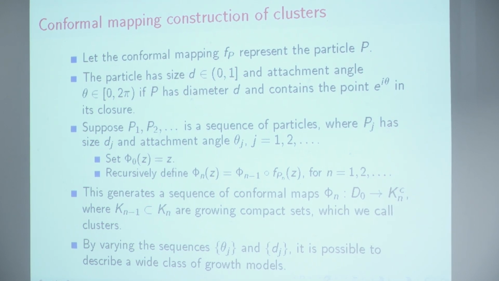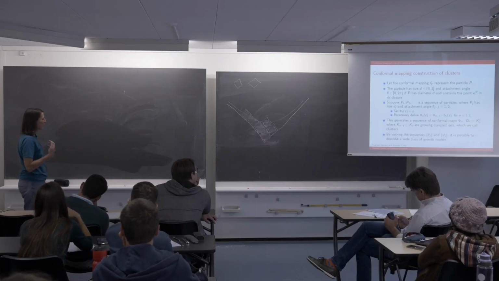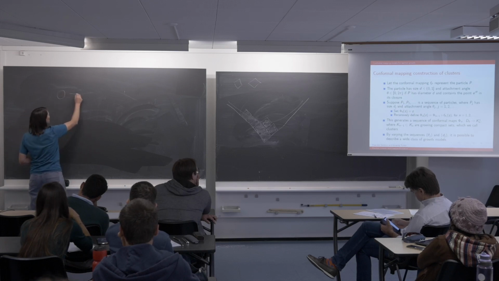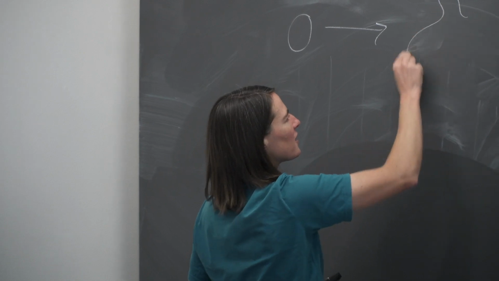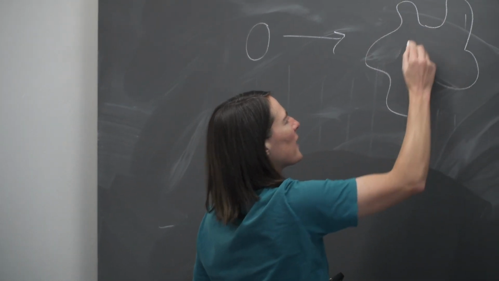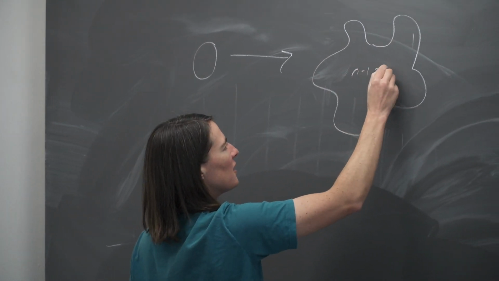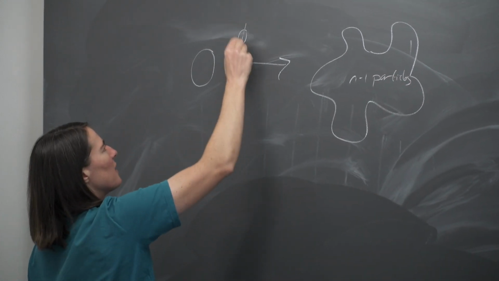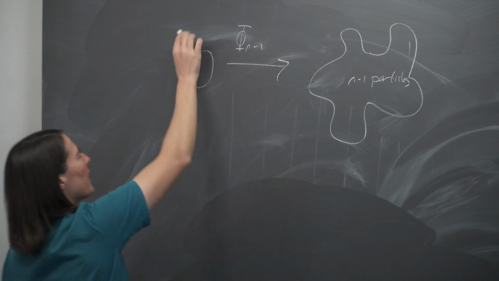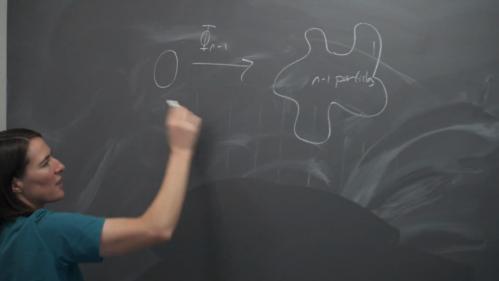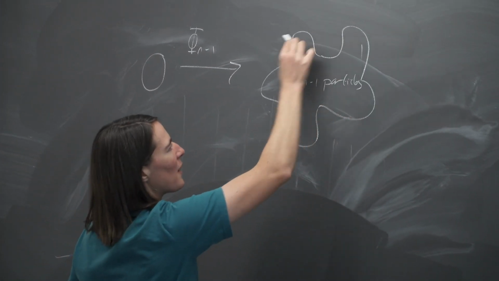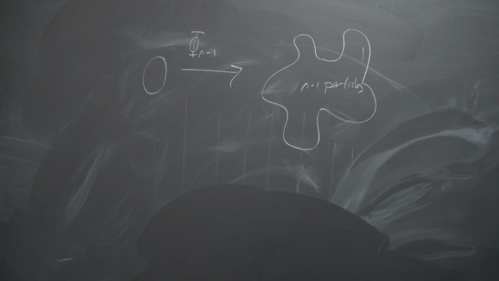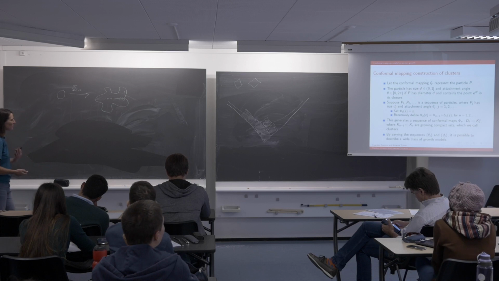Okay, so the way we construct a cluster is we do it recursively. So suppose we've already managed to construct a map corresponding to a cluster with n-1 particles. So here's our big cluster with n-1 particles. And supposing we have a map phi n-1 that takes the exterior unit disk to the exterior of this cluster, and it's a nice conformal mapping with the sort of properties that we want.